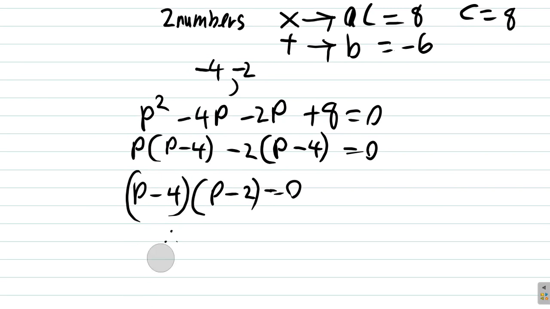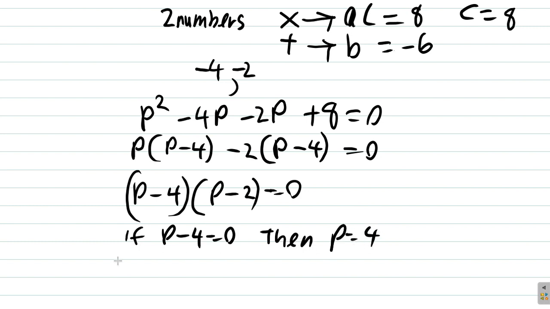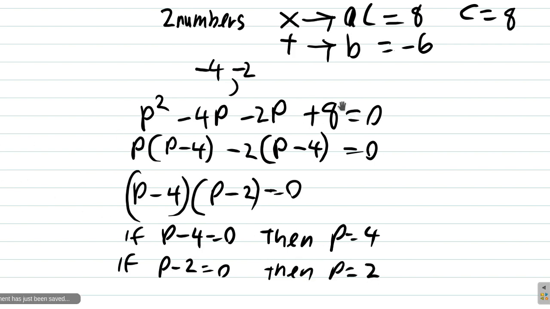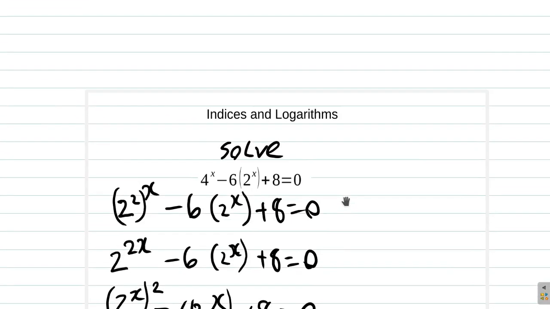So what you have here then is, if it is the case that p minus 4 is 0, then p equals 4. And if it is the case that p minus 2 is 0, then p equals 2. So p is equal to 2 or 4. Right?